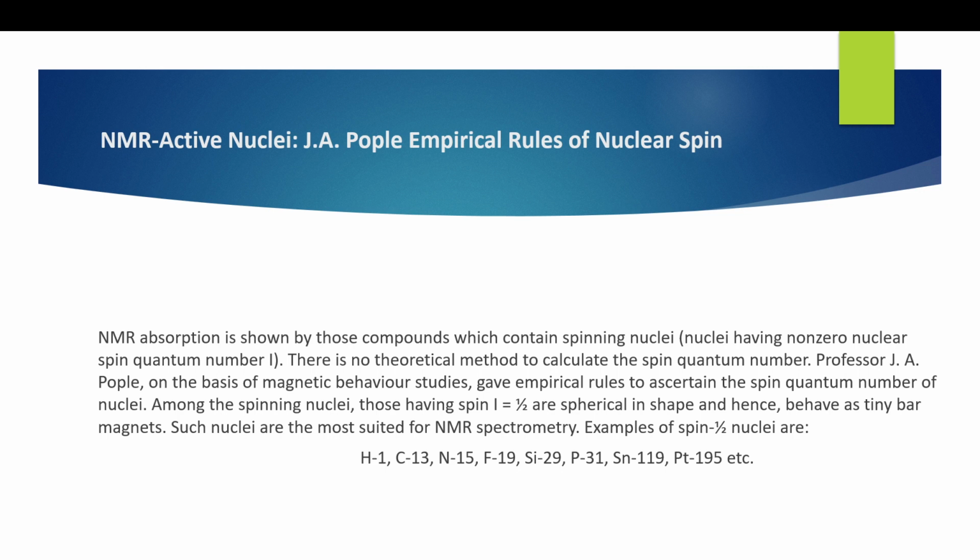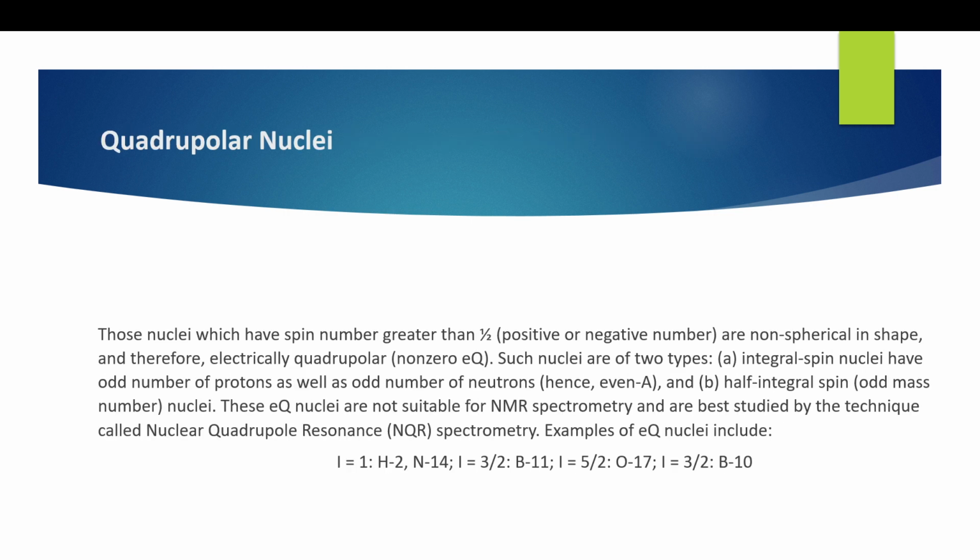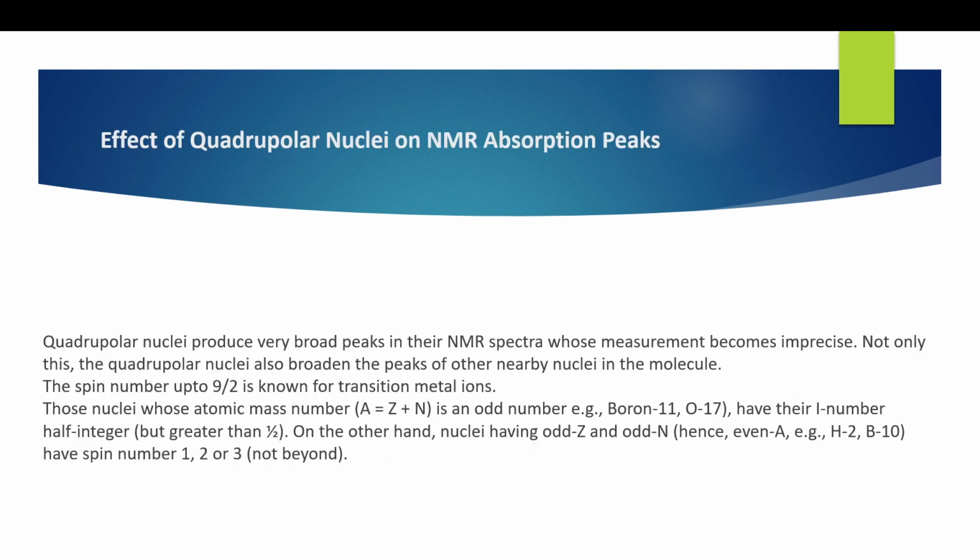Higher nuclear spins are also known. For example, 3 by 2 for boron 11, 5 by 2 for oxygen 17. Spin values up to 9 by 2 are known for transition metal ions. But those nuclei which have spin half are spherical in shape and give very good NMR spectra, well resolved spectra.